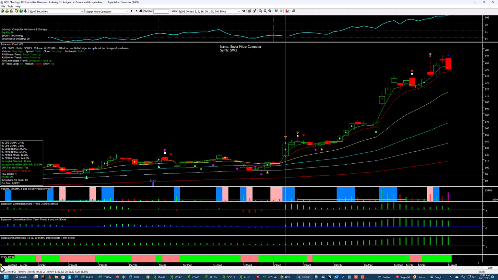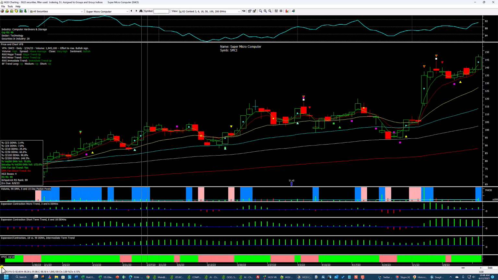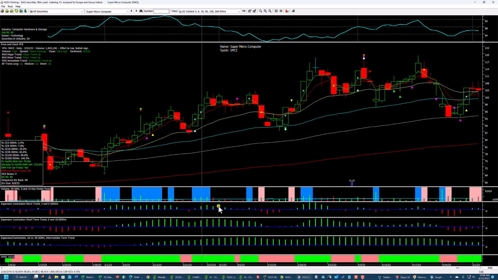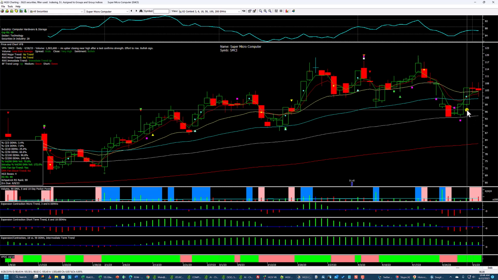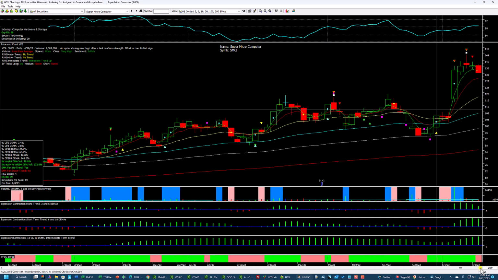Now I'm going to scroll back here, and let's just take a look at this before the big gap up. Okay, this is the way it looked right here. It had already moved up from a test and a confirmation of that test with an effort to rise, and then had 2 spinning tops, and then the earnings probably came out the next day and it took off.